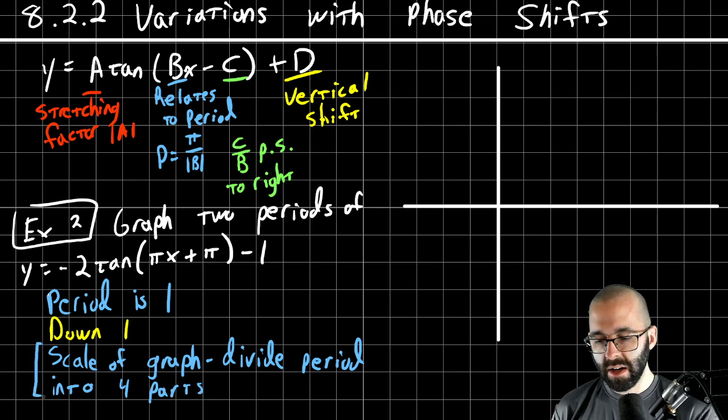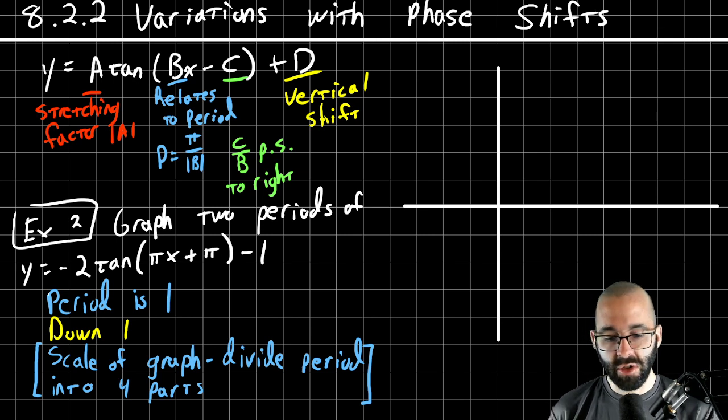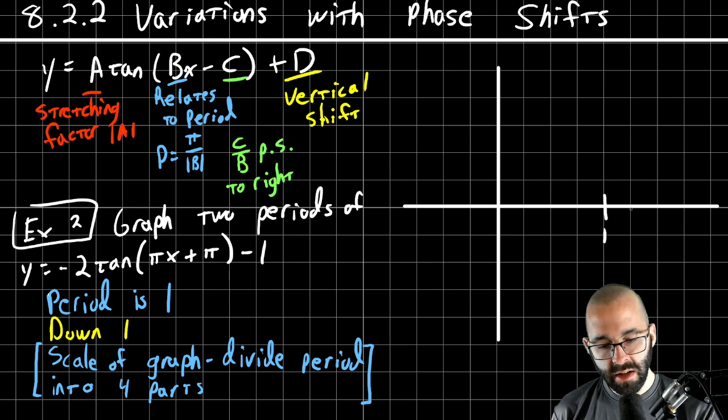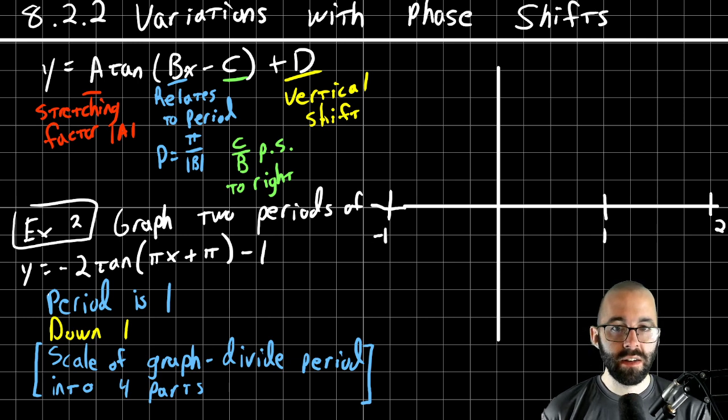This is a really good tip for deciding the scale of your graph. So if our period is 1, let's have 1 be 4 boxes. This means 2 is going to be over here, and -1 is going to be right there. It's usually very helpful to do that.